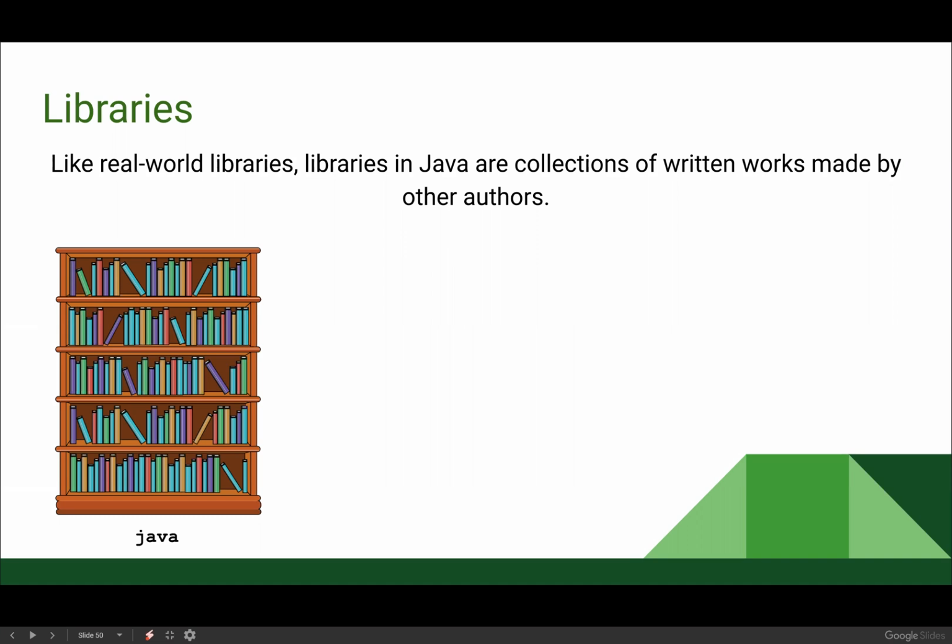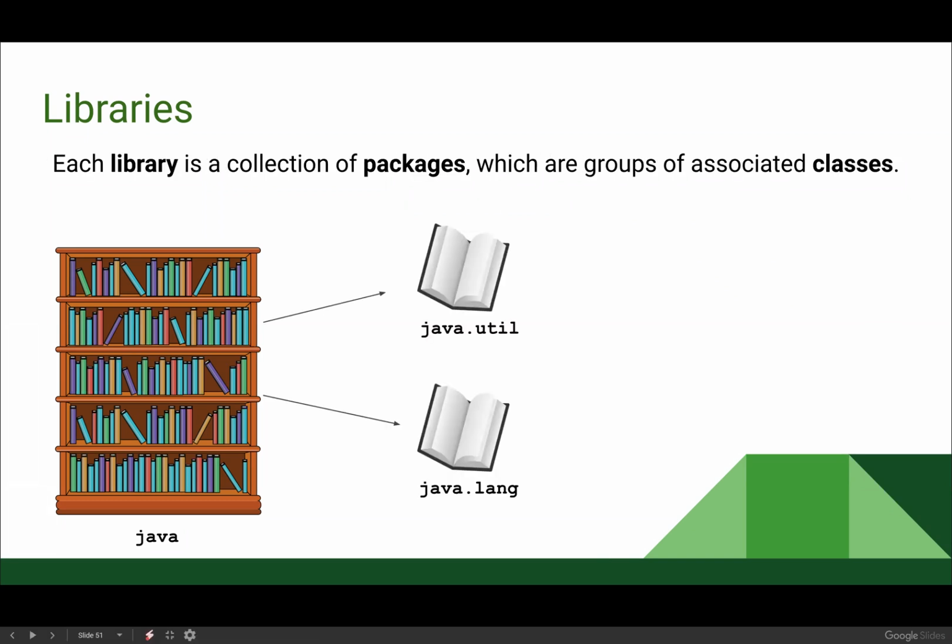They're collections of written works made by some author. So libraries in Java are collections of packages written by other people so that we can use them in our programs. So each library is a collection of packages, which are groups of associated classes. So the java.util package and java.lang package are all part of the Java library.